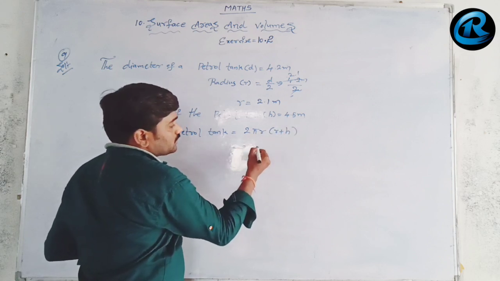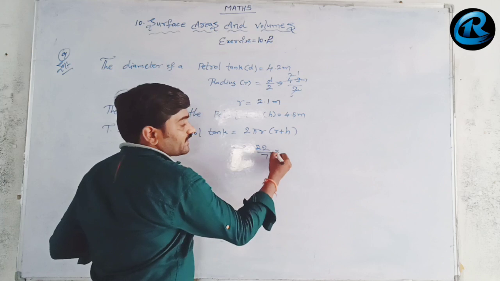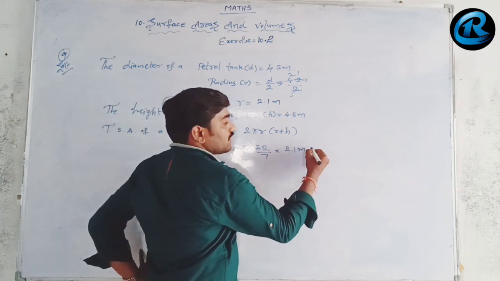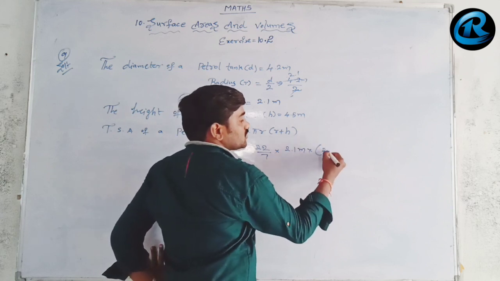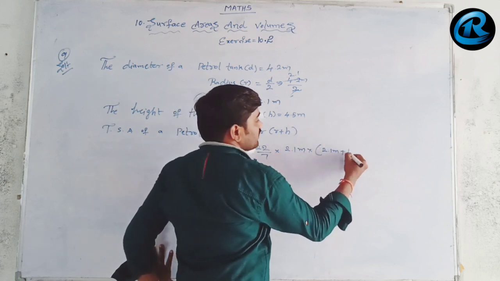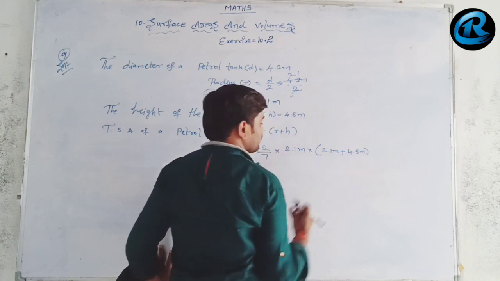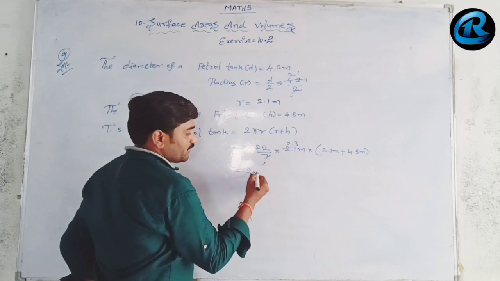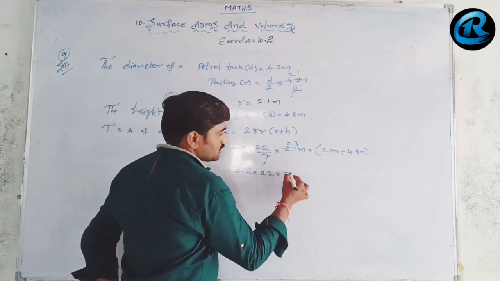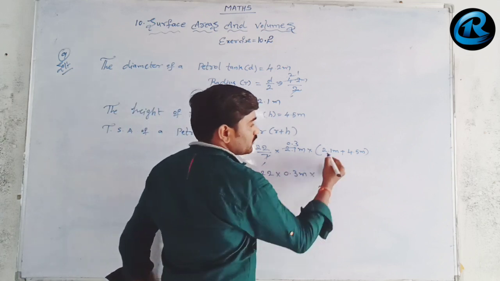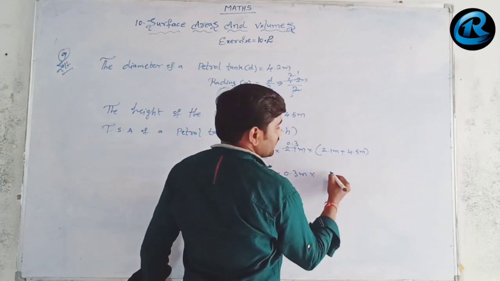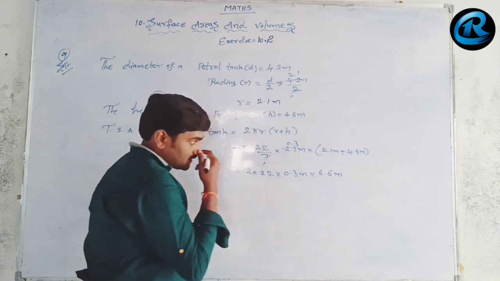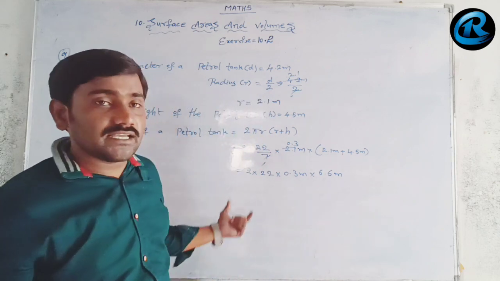Here, 2 into 22 by 7 is the pi value, the r value is 2.1 meters, into r plus h, that is 2.1 meters plus the h value 4.5 meters. 7 ones are 7, 0.3 are 2 into 22 into 0.3 meters into here 2.1 plus 4.5 is 6.6 meters.